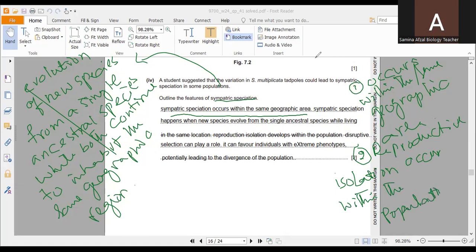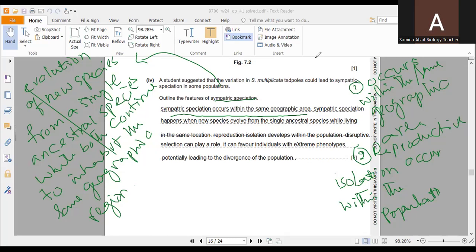In this type of evolution, the mechanism prevents gene flow between the diverging groups within the population. This can happen through different forms, polyploidy, a rapid form of speciation, and habitat differentiation. So populations may begin to use different habitats or resources within the same area, leading to adaptations that reduce interbreeding.